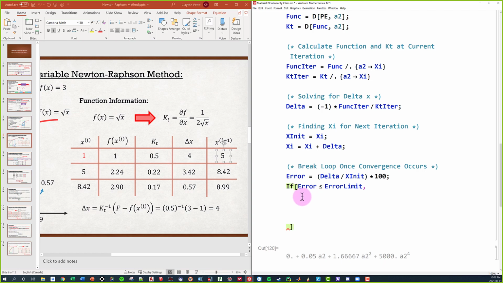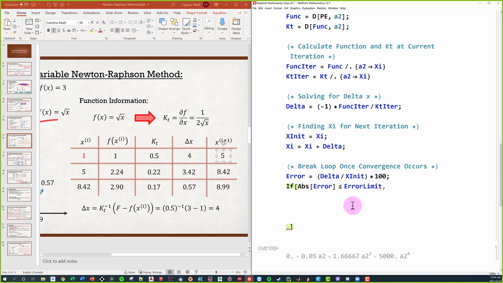But one thing we have to do is take the absolute value of error, because in our current state we can have an error of negative 30%. Technically, that negative 30% is less than our error limit because it's a negative number. So we always have to make sure we're doing the absolute value of our error.